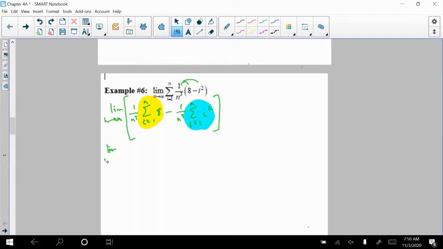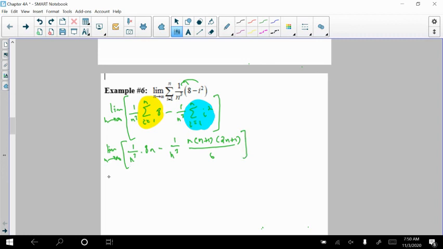The limit as n goes to infinity of 1 over n cubed times 8n, that's 8 times n, minus 1 over n cubed times the sum of the first i squares, like we saw up there, which was n times n plus 1 times 2n plus 1, all over 6.